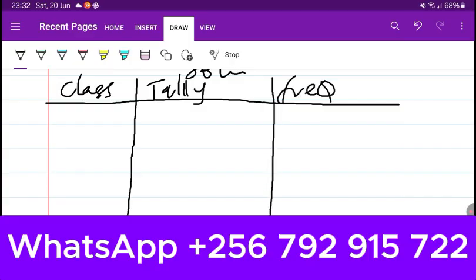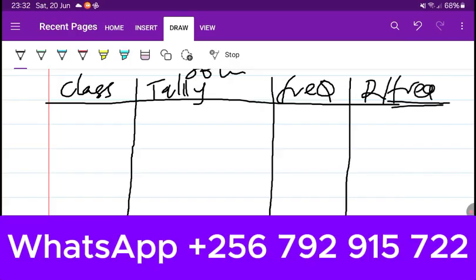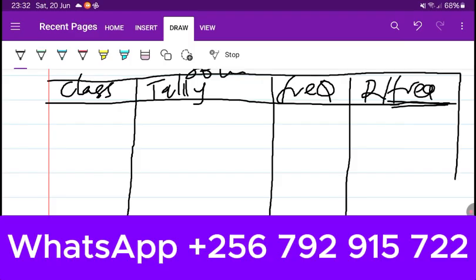Frequency we can make it short like that, but they also told us to get the relative frequency. Maybe you can put that relative frequency there. Then we complete our table. We are done with the table. So the table is done.